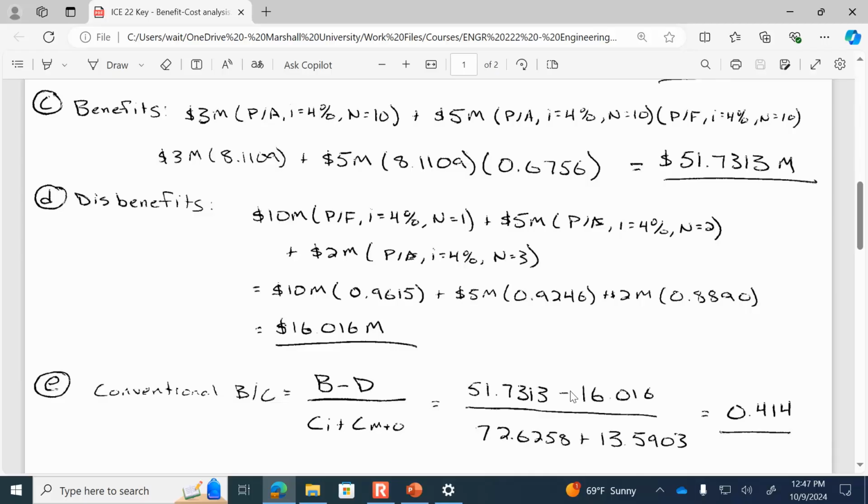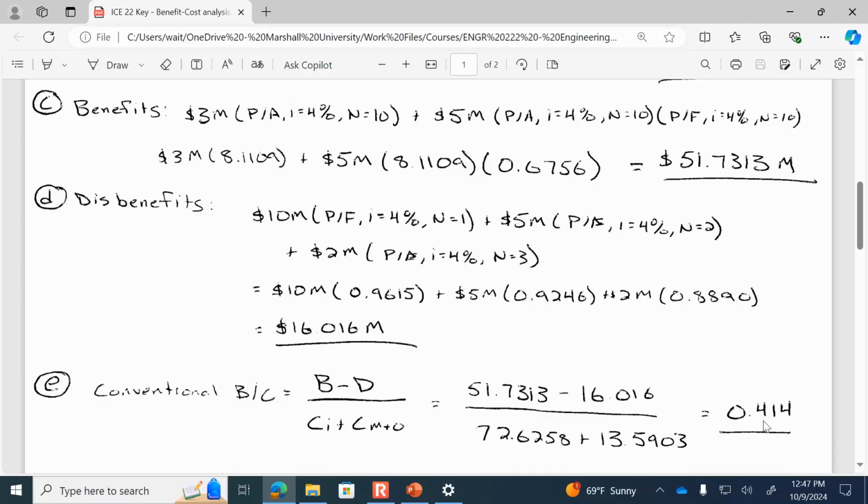It should not be undertaken, because for every dollar of cost, it's only delivering 41 cents of net benefits. By net benefits, I mean if we subtract out the disbenefits from the benefits.